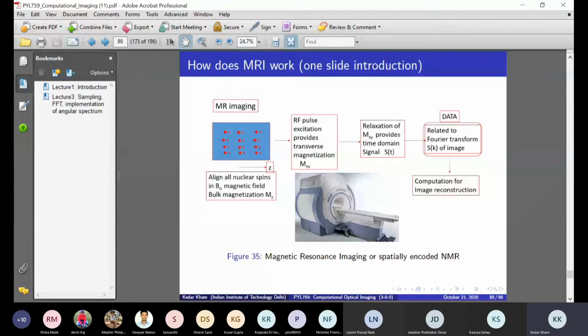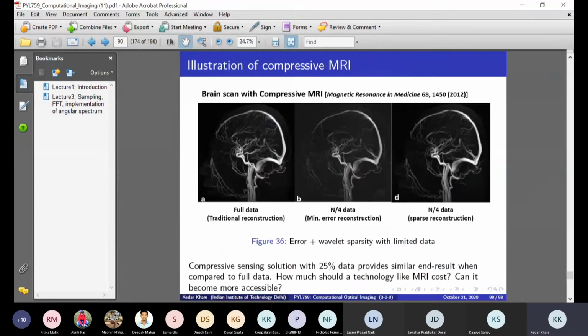Here is one illustration of MRI, out of my own work from about 8 years ago. The first result is full data of somebody's brain.